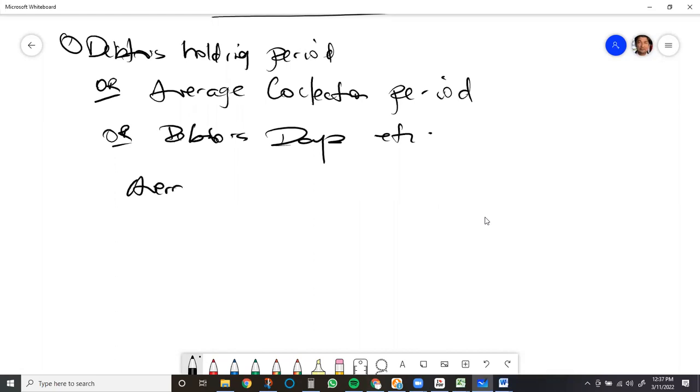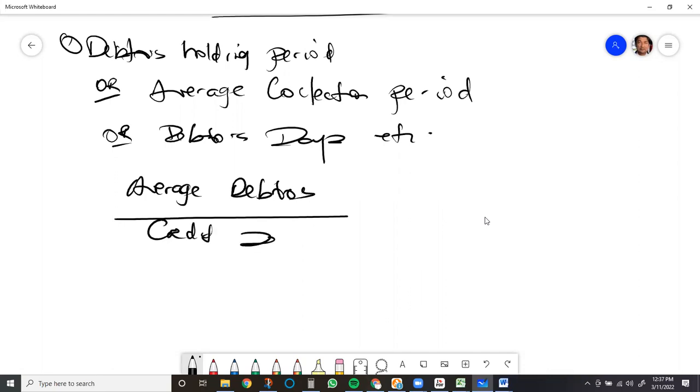Average debtors over credit sales times 365. Now, that is the debtors holding period in days.